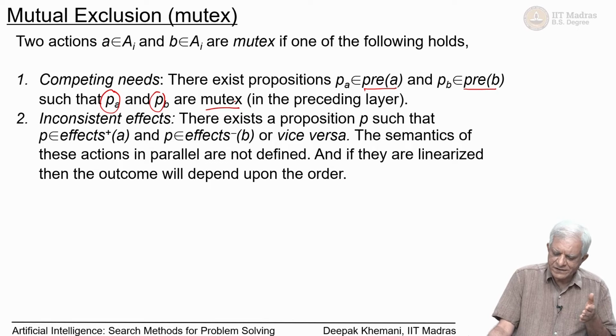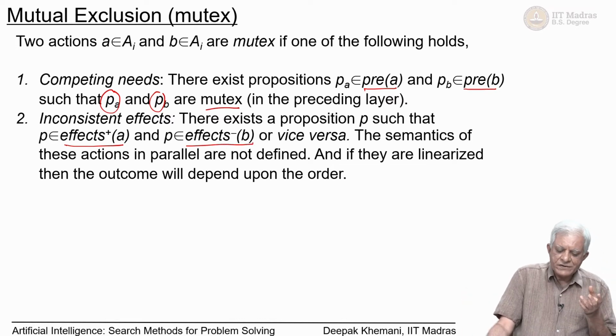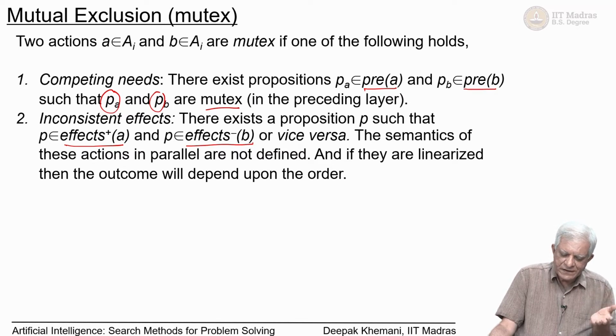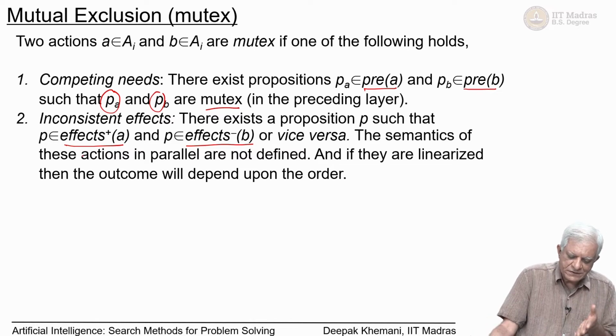Then they may have inconsistent effects. There exists a proposition P such that P is a positive effect of A and it is a negative effect of B. One action is adding P, the other action is deleting P. The action A is adding P, as you can see P is in the positive effects of A, and P is in the negative effects of B. The semantics of these actions in parallel cannot be defined.